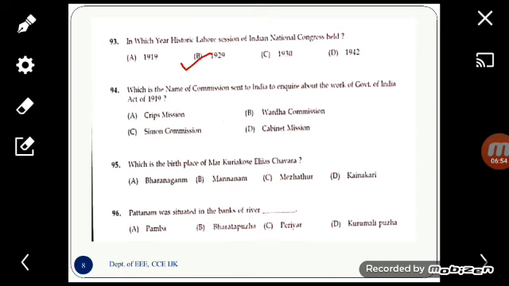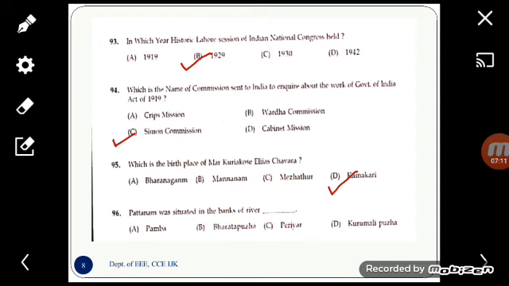Here option C is correct, Simon Commission. Which is the birthplace of Kuriakose Elias Chavara? The birthplace of Chavara Father is Kainakari. So option D is correct.